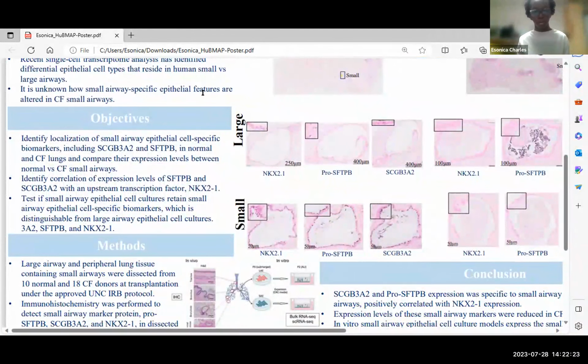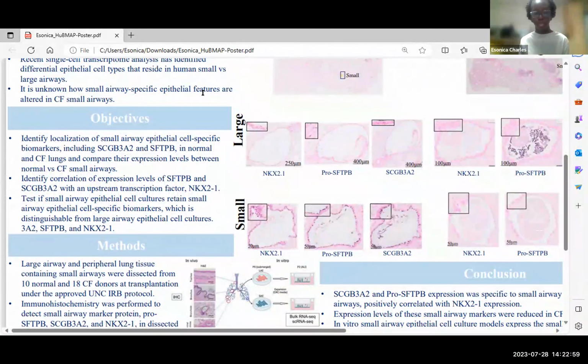The objective of my study is closely related to HuBMAP's overall goal, which is to develop a platform to map healthy cells in the human body for different organs and organ systems. So we wanted to identify localization of small airway epithelial cell-specific biomarkers, which include SCGB3A2 and SFTPB, in normal and CF lungs, and then compare the expression levels between normal and CF small airways.